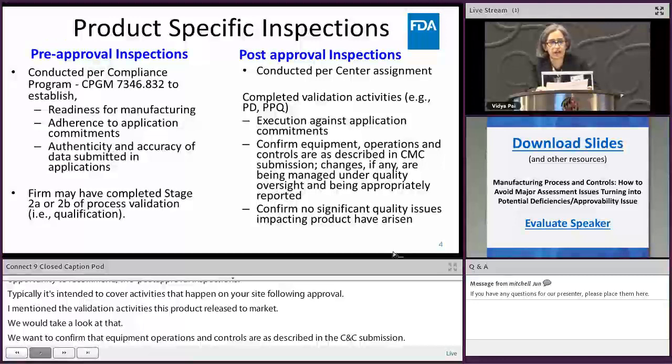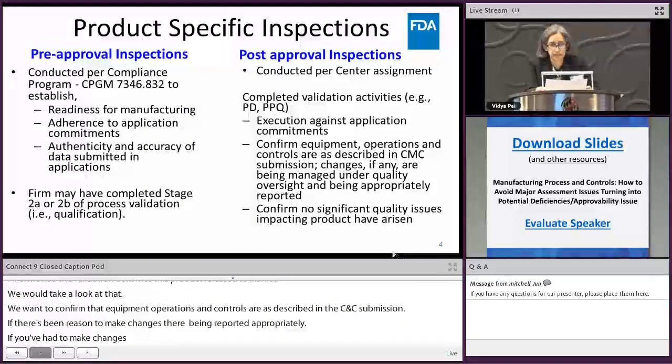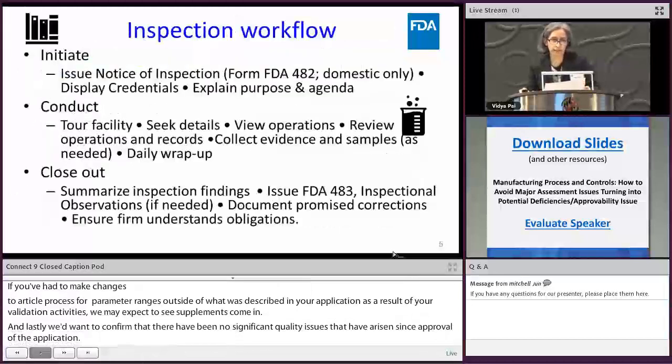For example, if you've had to make changes to critical process parameters, ranges, outside of what was described in your application as a result of your validation activities, we may expect to see supplements come in. And then last but not the least, we would want to confirm that there have been no significant quality issues that have arisen since approval of the application. So both these kinds of inspections allow us to provide confidence around product quality on site.